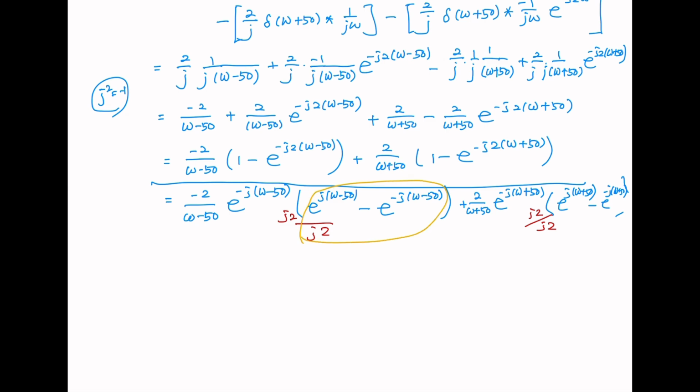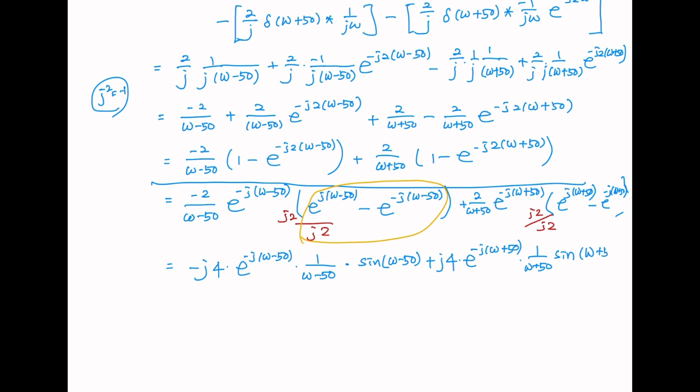So if we do, we have negative j4 times e to the negative j omega minus 50 times 1 over omega minus 50 times sine omega minus 50 plus j4 times e to the negative j omega plus 50 times 1 over omega plus 50, then sine omega plus 50.